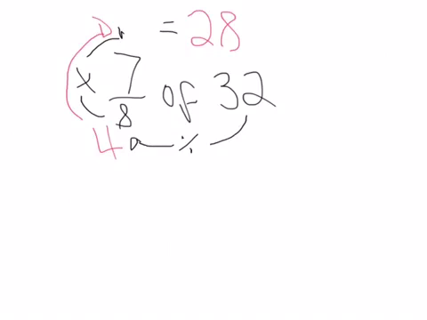Remember, the reason we divided the 32 by 8, okay, is because this is our whole number and this is our other whole number. What we mean is that this 32 is our whole number, and so is this 8.